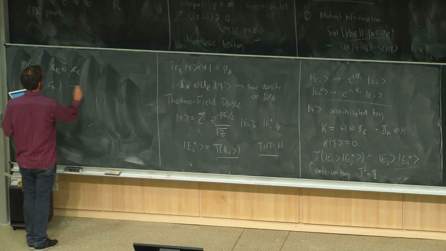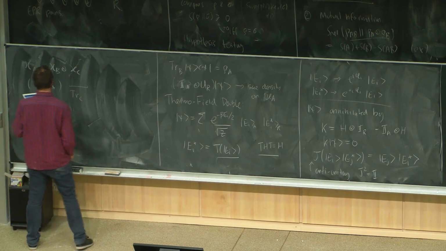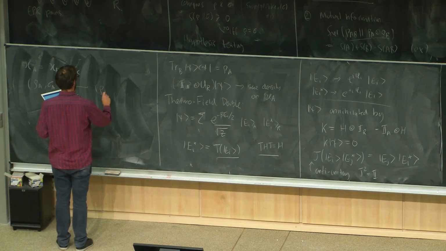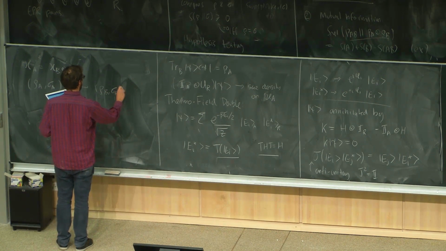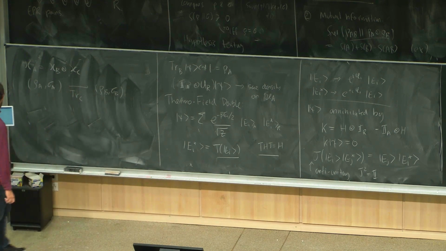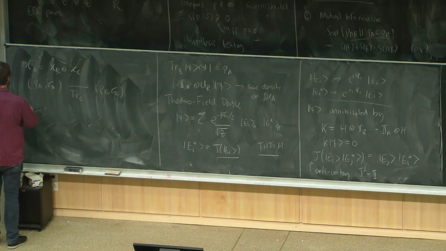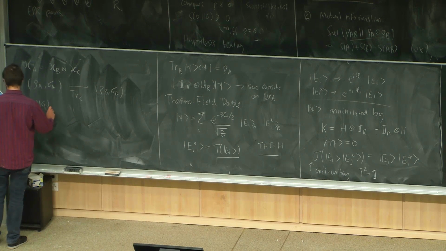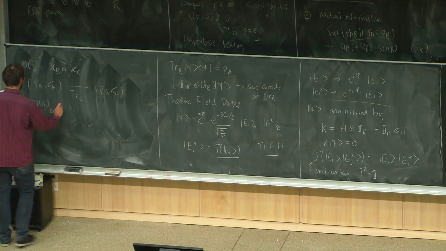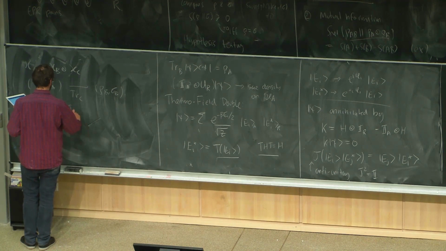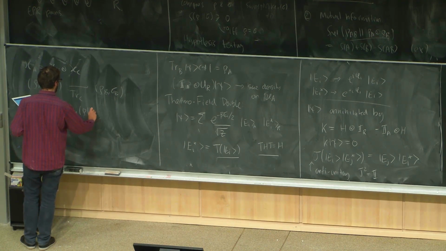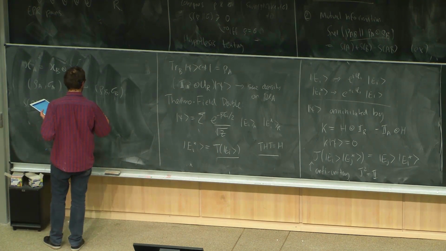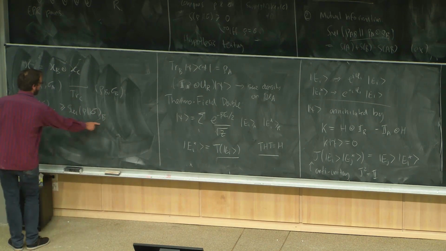And then under the action of tracing over C, I get rho_B, sigma_B. And it turns out that the relative entropy of rho and sigma restricted to BC should be bigger than the relative entropy restricted to B. So this is after I've traced out C.